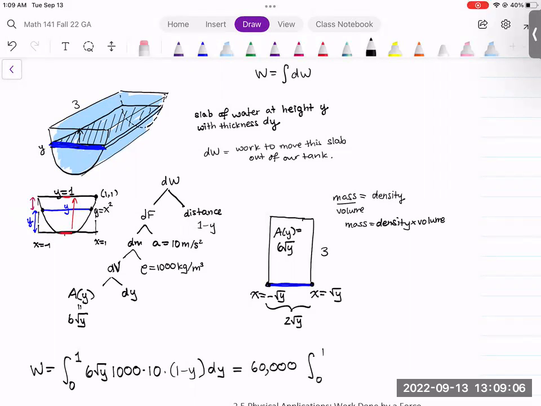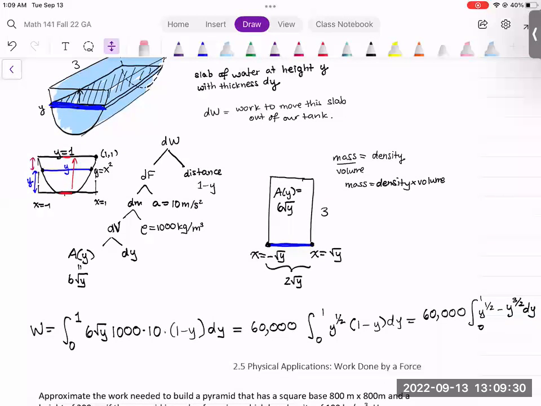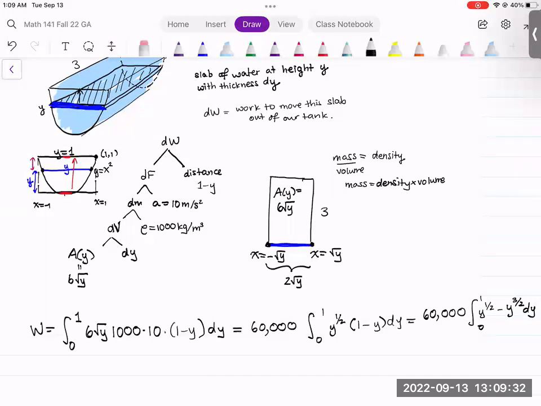Instead of writing square root of y, I'm going to write y to the 1/2, and we're multiplying it by 1 minus y dy. We can distribute this. Okay, and we get the integral of y to the 1/2 minus y to the 3/2 dy from 0 up to 1. All right, and let us integrate.